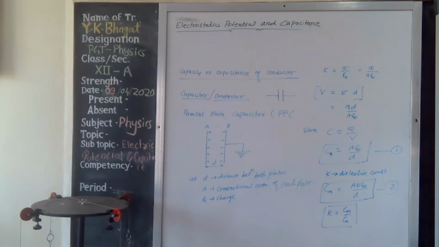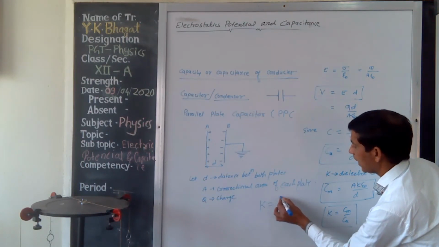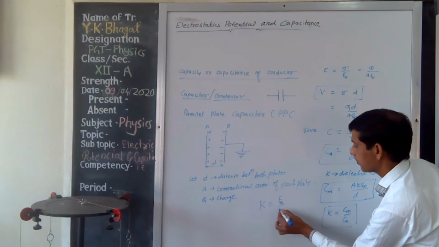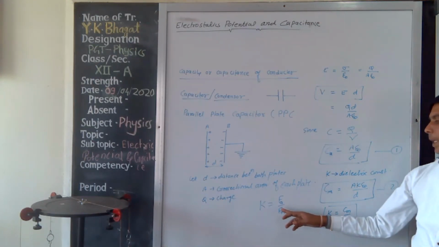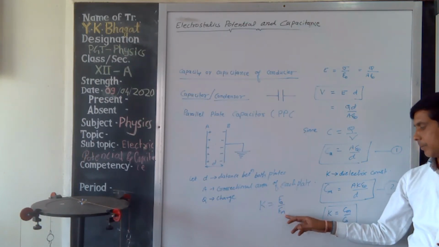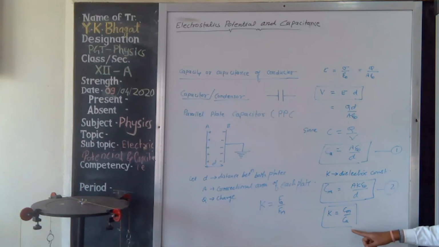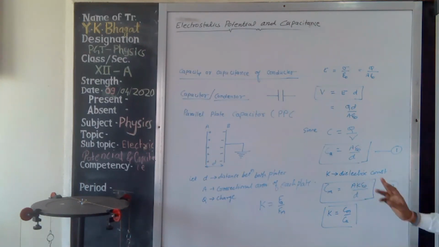But in the first chapter we defined K equal to Fa by Fm, that means ratio of force in air to medium, but here it is medium to air. Capacity is directly proportional to K.